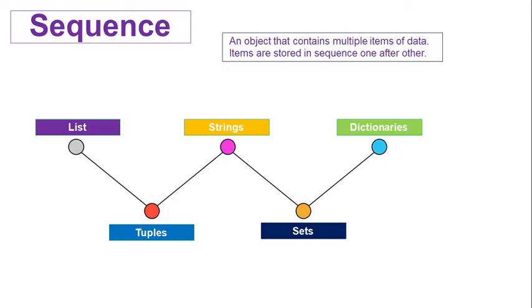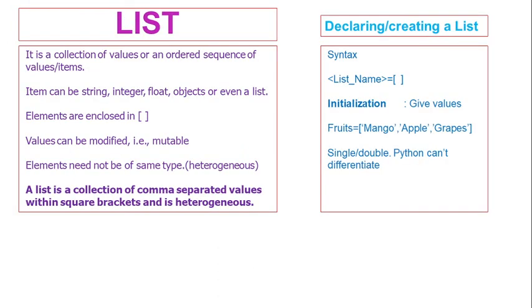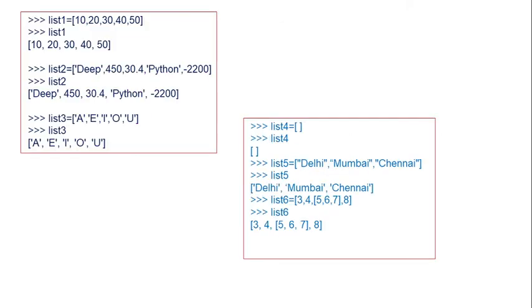Sequence, continuous memory, means allocation of data items. A list, string, dictionary, tuple, sets are some of the sequences. List: a collection of items, in square brackets, mutable, can be homogeneous or heterogeneous.